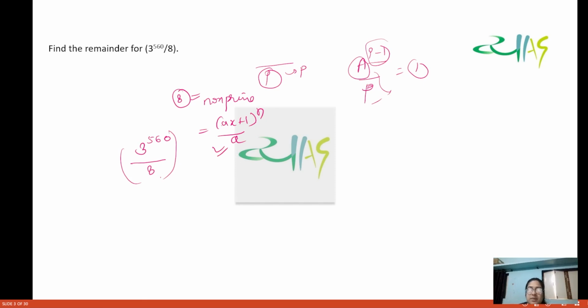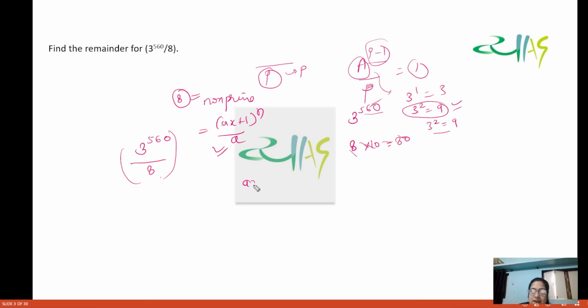So what I plan to do here is I take this number 3 to the power 560 and I can just divide the power by 2. Why? Because see, look at the table of 8, 8 into 10 is 80. 3 to the power 1 is obviously 3, we don't get anything. 3 square is 9, so we can do this.